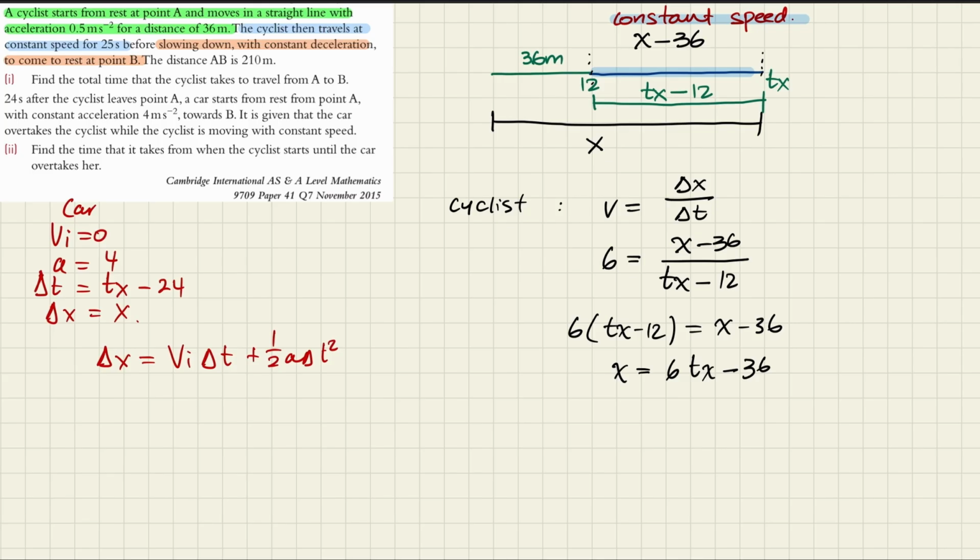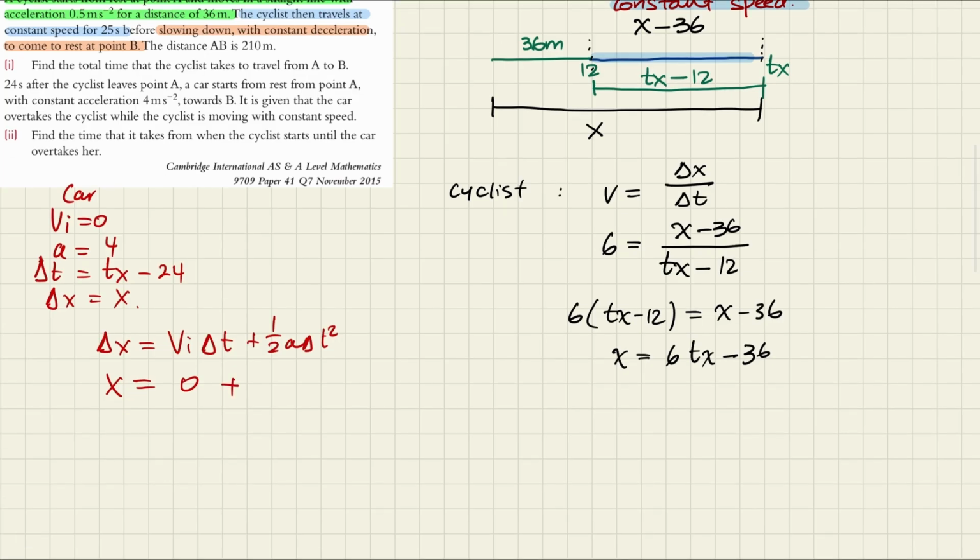That's really the important bit to understand there. So x is equal to 0, because vi is 0, plus half into 4 times tx minus 24 all squared. That means x is equal to, now we can simplify a bit, 2 into tx minus 24 all squared.